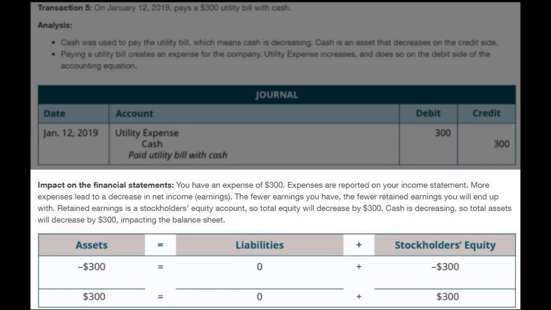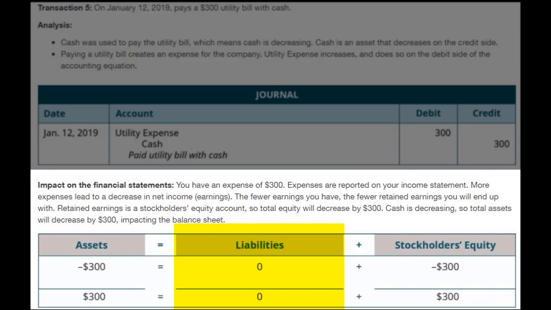Let me begin with the chart though. That's the chart of assets, liabilities, and equity value. If we pay an electric bill, $300, we ask ourselves, have any assets changed? Yeah, cash has declined or decreased by $300.